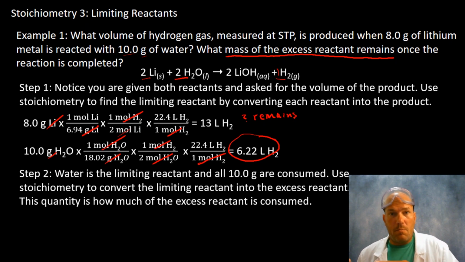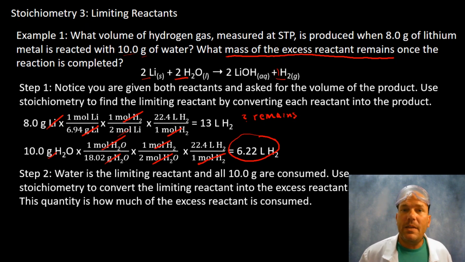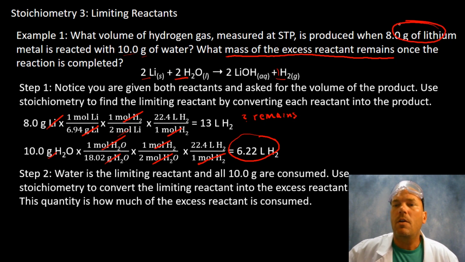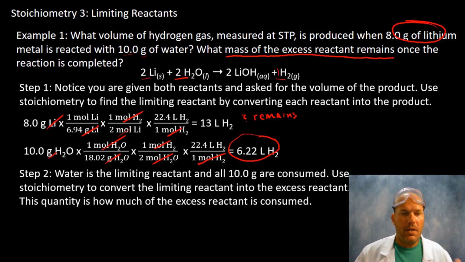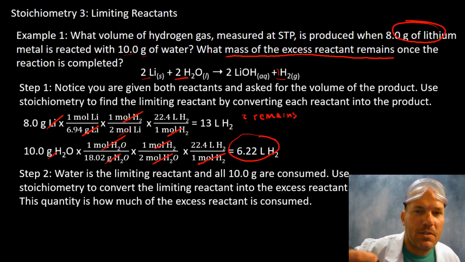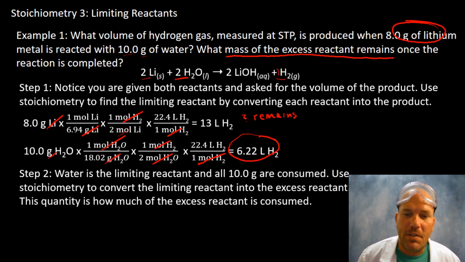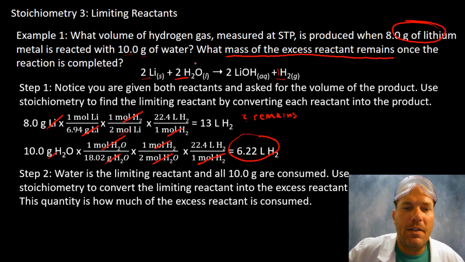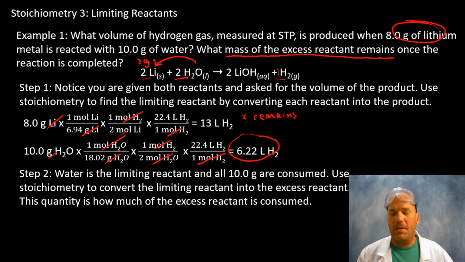But we want to know how much of the lithium is consumed, because we know how much lithium we started with. We started with 8 grams of lithium. Okay. So we need some additional stoichiometric calculations here. We're going to convert the limiting reactant into the excess reactant. So we're going to convert the limiting into question mark grams of lithium.